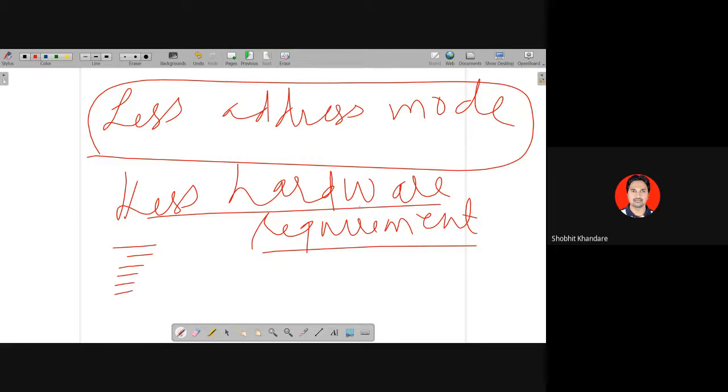Now when we have this dedicated instruction, this task of carrying out would require more processing. यानी इसको ज्यादा लगेगा.